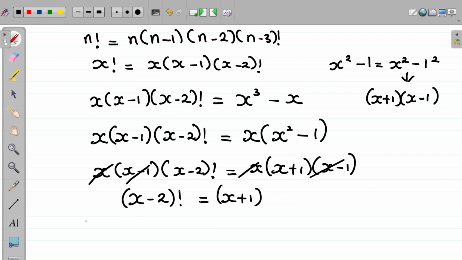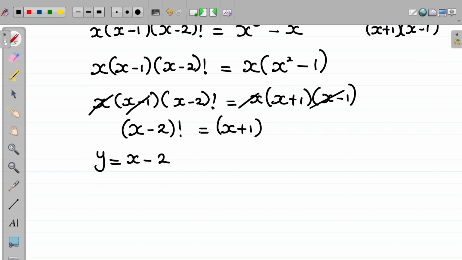Now, we can make some simple substitution. We say, let y be equal to x minus 2. So therefore, x becomes y plus 2.